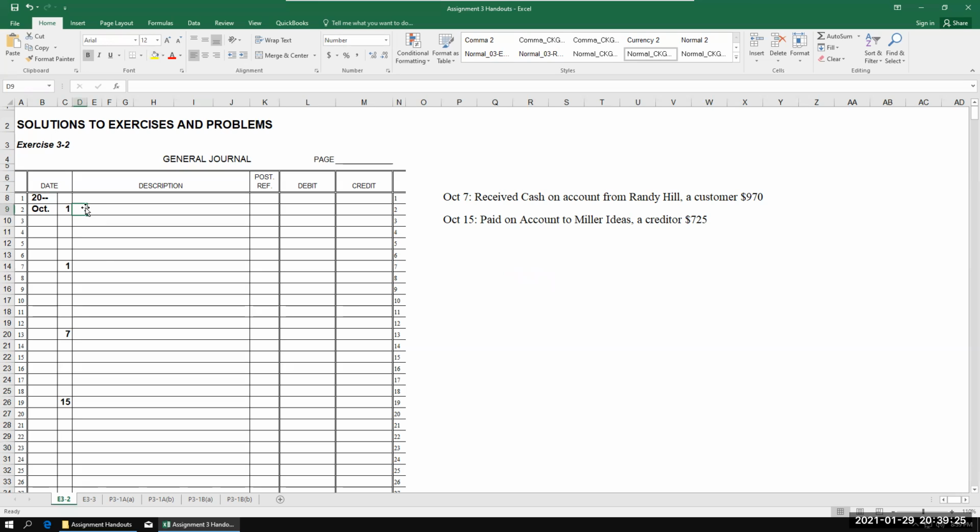This is when, let's say, Randy Hill originally purchased whatever it was he purchased. We're going to say that it was just revenue. We'll call it fees earned. So in this case, we'll say accounts receivable and fees earned, and they're both going to be $970.